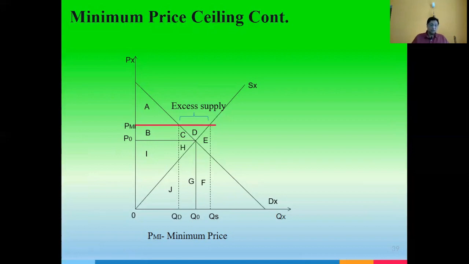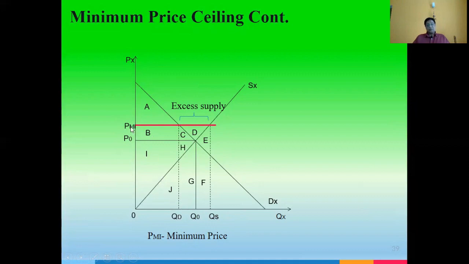I would like to explain why producer surplus changes. With this minimum price, producers produce QS units of this commodity. The production under minimum price is OQS units up to this point. But due to the higher price, consumers demand only QD units of this commodity.